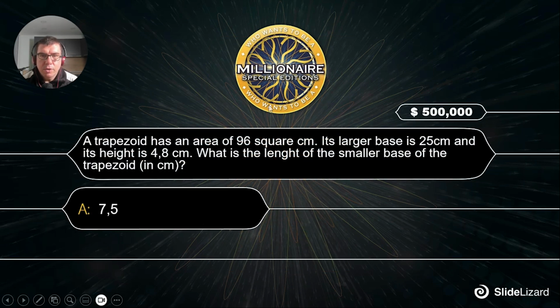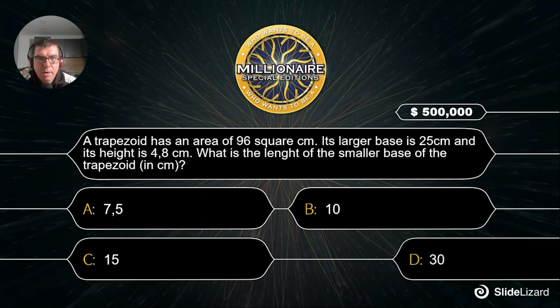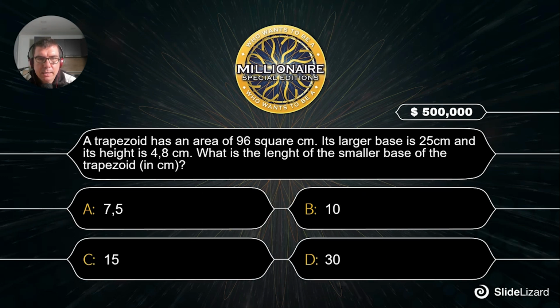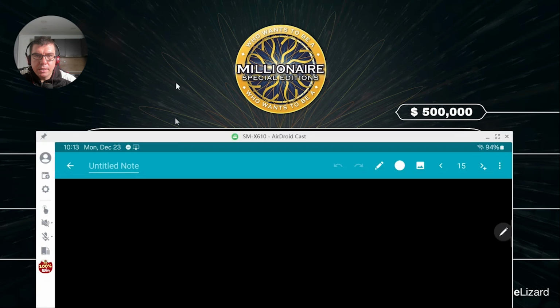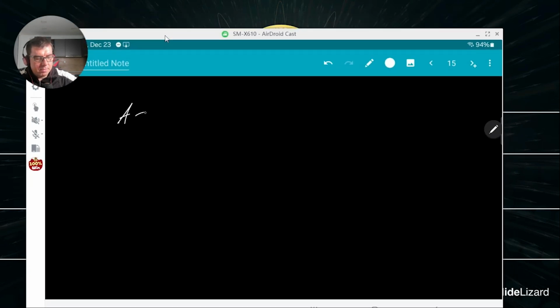A trapezoid has an area of 96 square centimeters, its larger base is 25 and its height is 4.8. What is the length of the smaller base of the trapezoid? Let's calculate. So the area is 96.